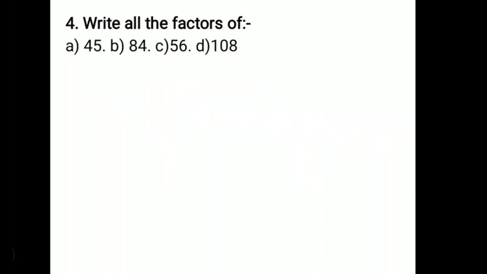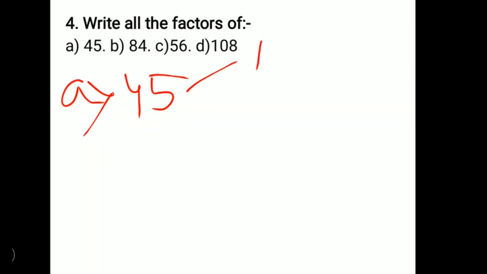Question number 4: write all the factors of 45. What are the factors present in 45 that we have to write? I hope you know, in our previous class I told you how to find the factors, right? Starting from number 1, 1 is your factor, that is 1 into 45 is equal to 45.